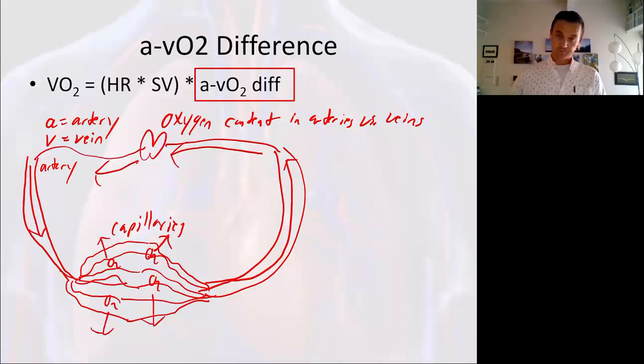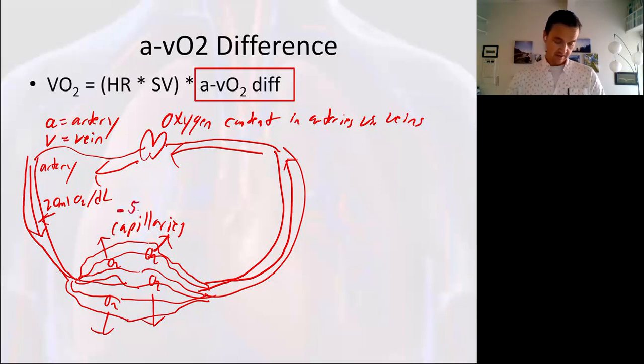Let's use an example. We can say that about 20 mLs of oxygen per deciliter of blood go in on the artery side. At rest, as the blood gets into the capillaries, the cells in that area are demanding some oxygen and pulling it out.